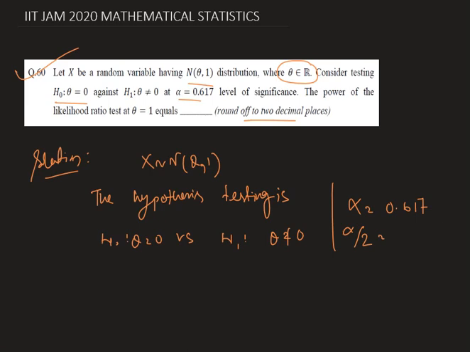Therefore alpha by 2 is 0.3085. Now under H0, X follows normal 0 comma 1.